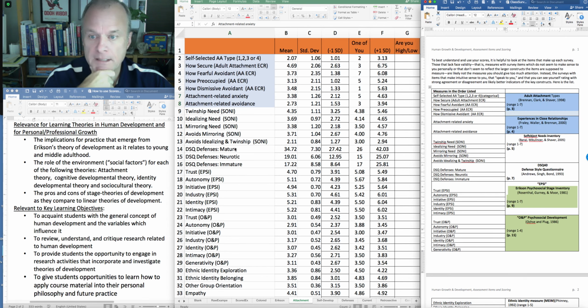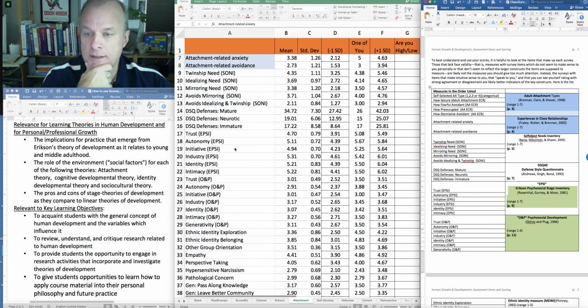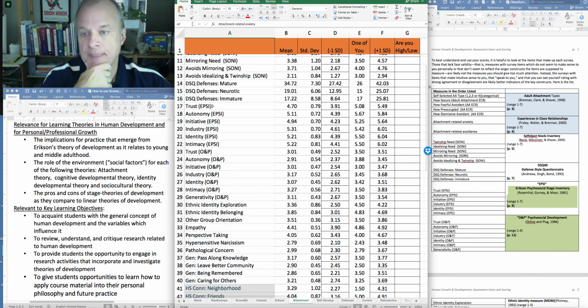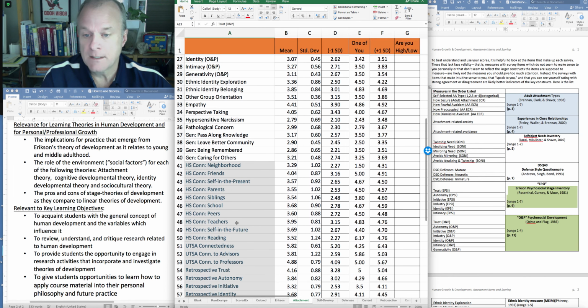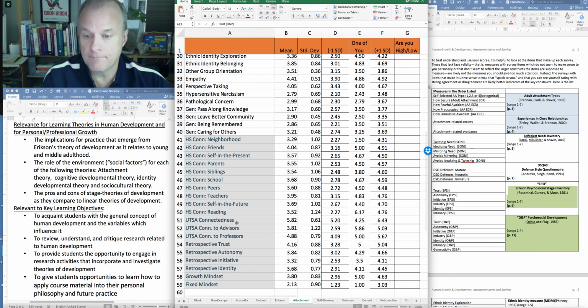How's that? We scroll down, and you could say that trust is a measure of attachment. And so I'm going to color those because they are measuring that same process. And then there's also, of course, that retrospective trust. Remember, I was going to take these out because these college connectedness ones are not retrospective, nor is the mindset.